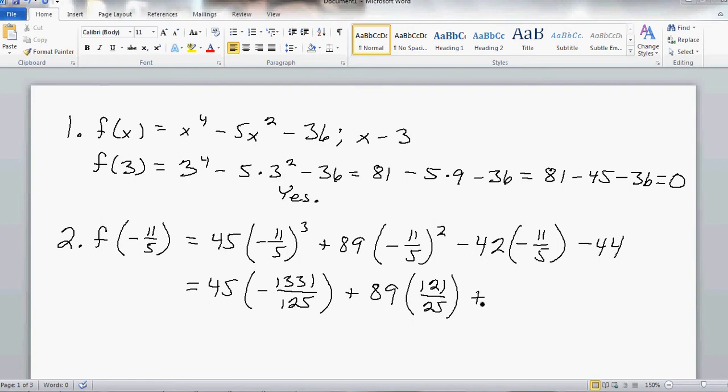Going ahead and multiplying this out, we get 462 over 5 minus 44.